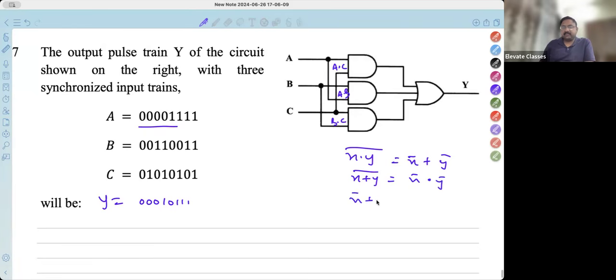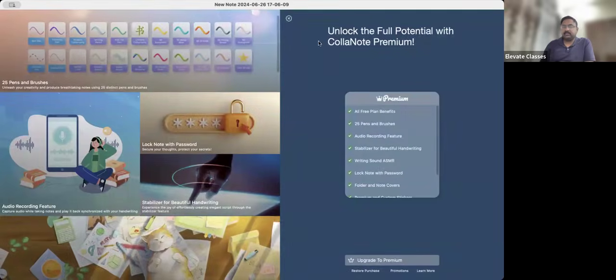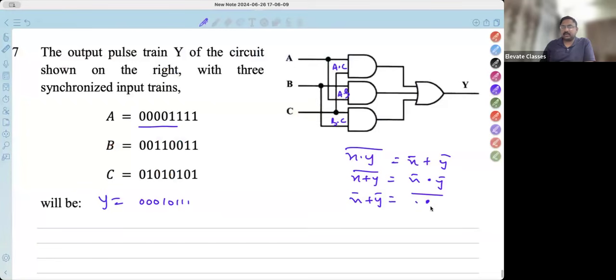Next, if you have x bar plus y bar, what will it be? This plus changes to dot, and this is broken, so you join it. If there is a break, you join it. So similarly, you can solve any expression no matter how complicated it is. Even if a question becomes quite complicated, you should still be able to solve it.